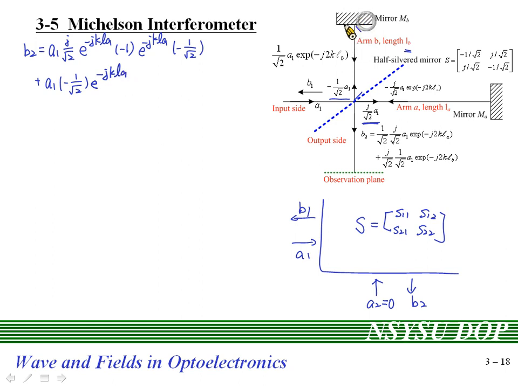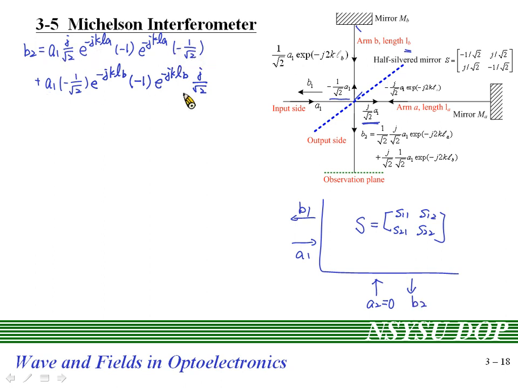And hit the reflected mirror with the parameter minus 1. And go back to the half transmitted mirror, another phase delay will be induced. Sorry, this should be B. And then this component will pass through the half transmitting mirror with the parameter j over square root of 2. So the output B2 is composed of these two components.